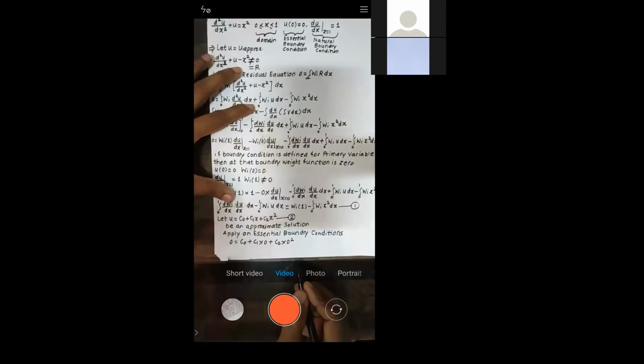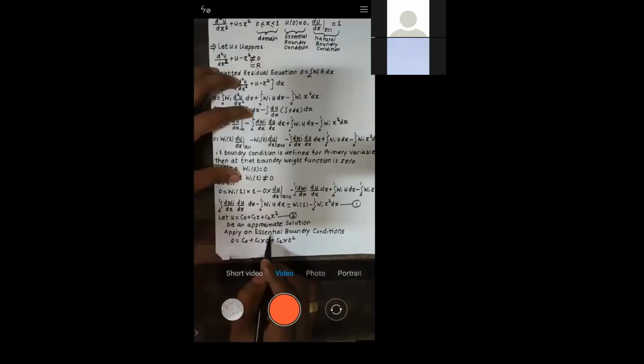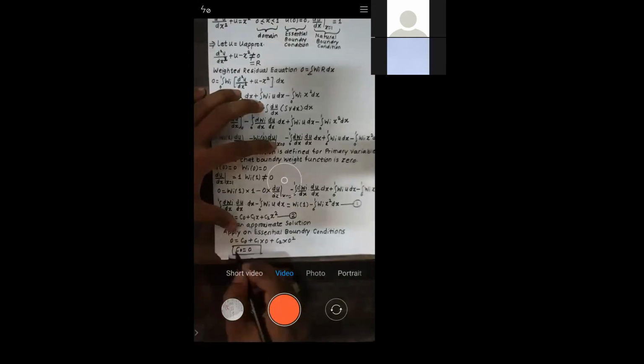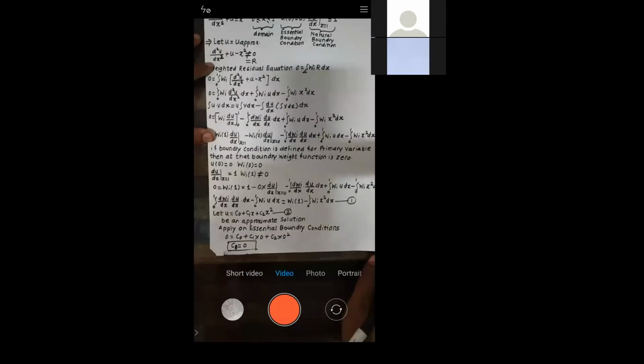So what value of C0 are you getting? You're getting the value of C0 as 0. Yes or no? Okay, now see, here you are not able to apply this.